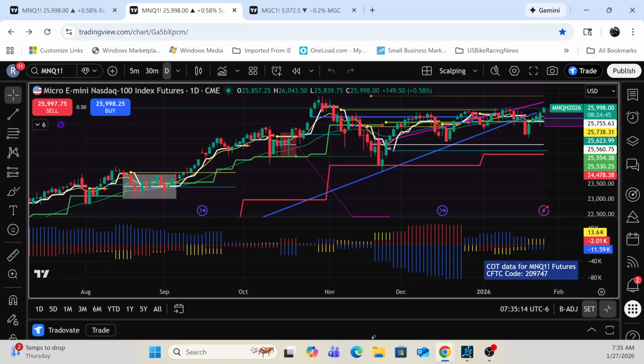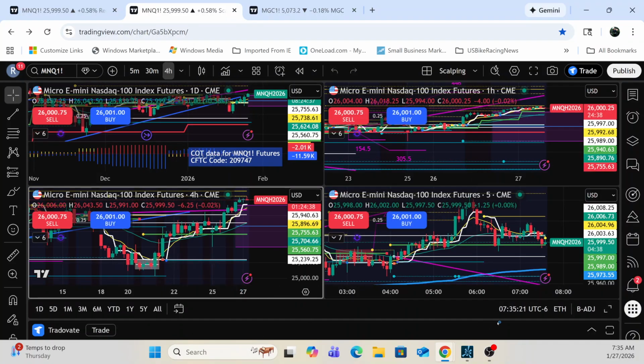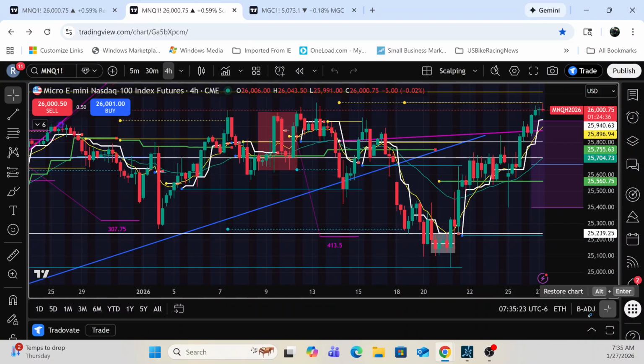So again, let me get over to the 4 hour context, give you a look at that. What I'm looking at on the 4 hour, interestingly enough, we had that nice sell-off. We hit the downside projection after the manipulation higher on the 4 hour. That's that red box you see.